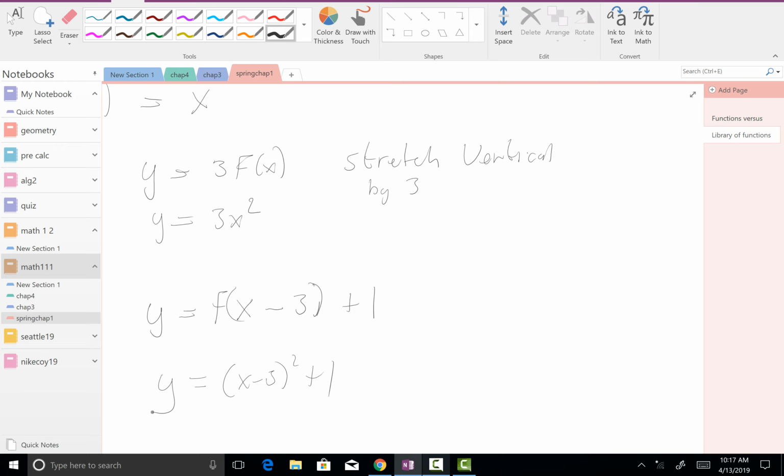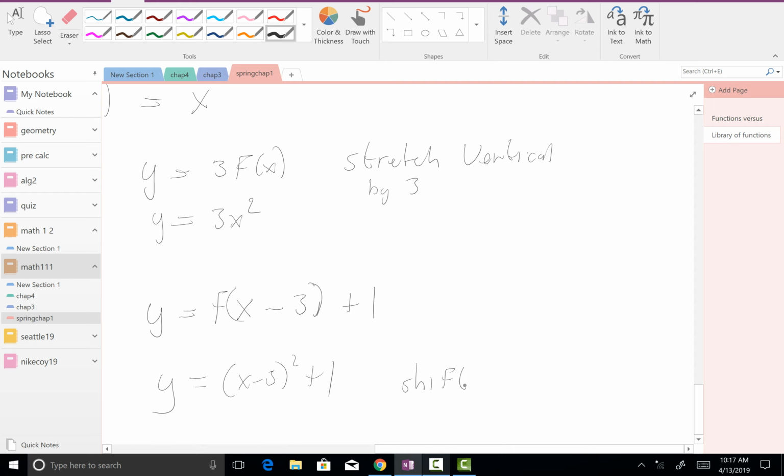So I don't have to bounce back and forth too much. This is what we had. Y equals A, B, x minus C squared plus D. It's inside the parentheses. That's where C is. So what does C do? Shift right 3. Very good.